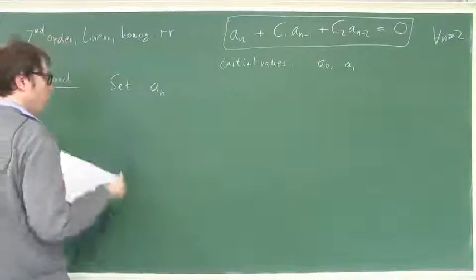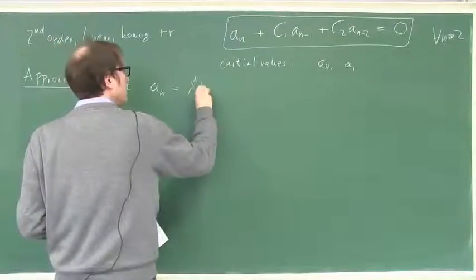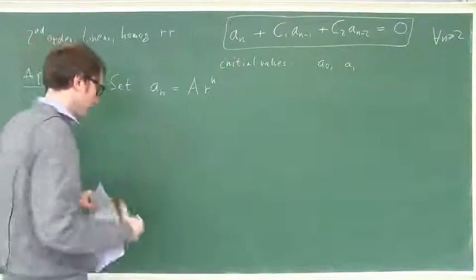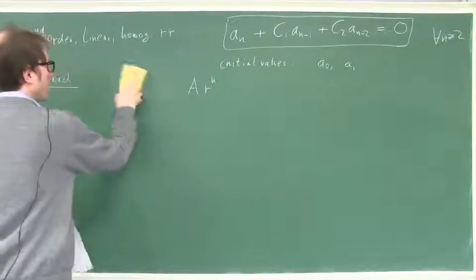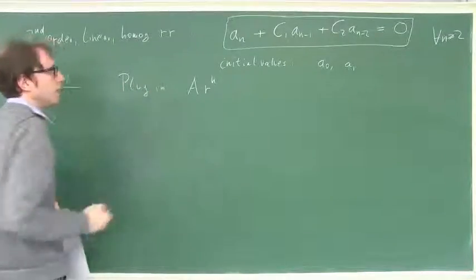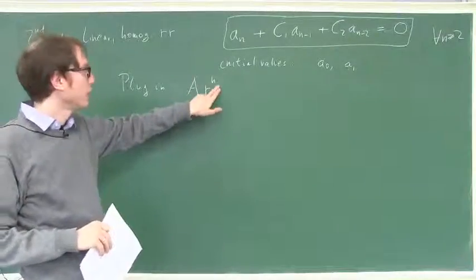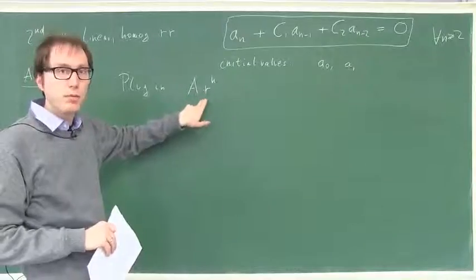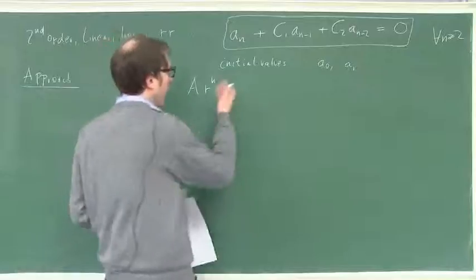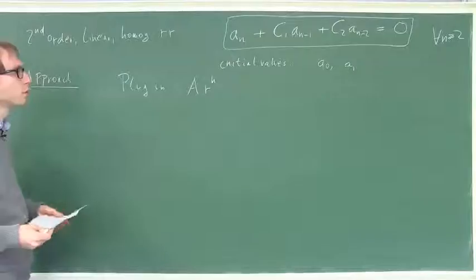So the idea is you plug in for a_n something of the form a constant times r to the n. Think about the a_0 times 2^n example. Okay, and a should generally be non-zero, r should be non-zero. But this is actually not so important.